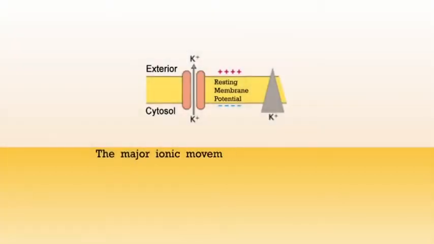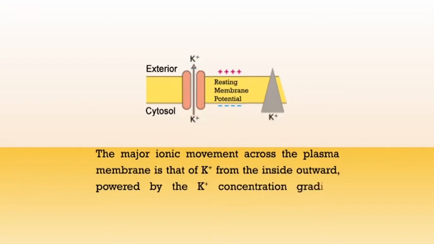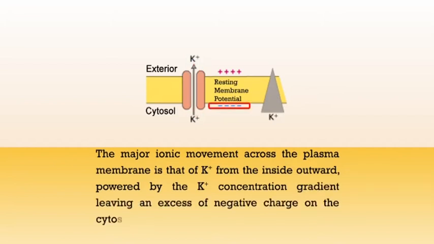The plasma membrane of animal cells contains many open potassium channels, but few open sodium, calcium, and chloride channels. As a result, the major ionic movement across the plasma membrane is that of potassium ions from the inside outward, powered by the potassium ion concentration gradient, leaving an excess of negative charge on the cytosolic face of the plasma membrane.